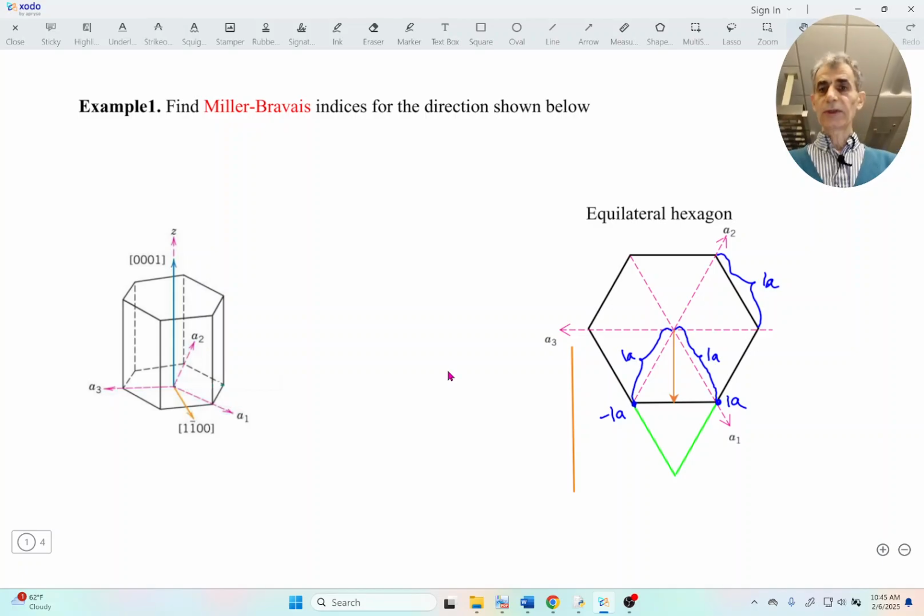So we try to understand how we derive Miller Bravais indices for the hexagonal close-packed system.